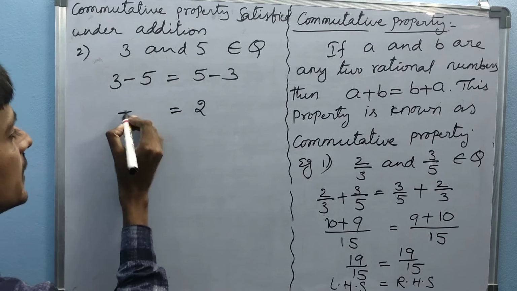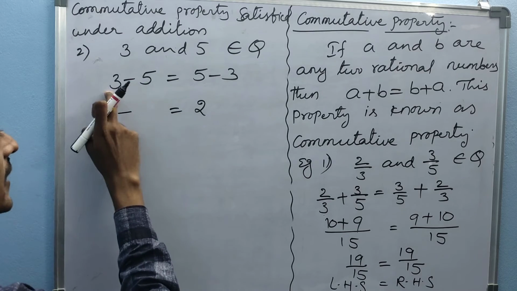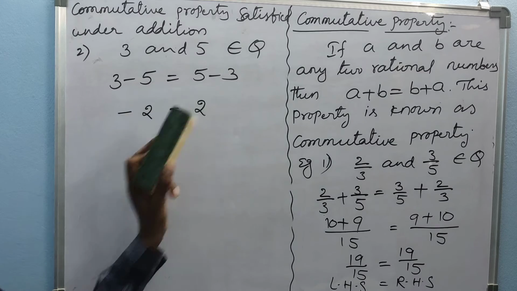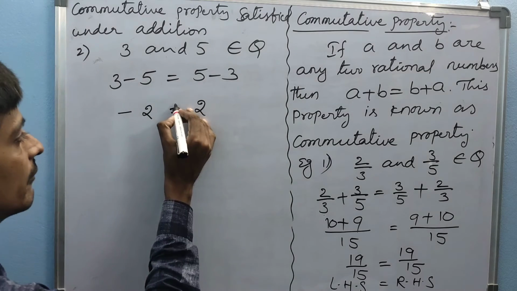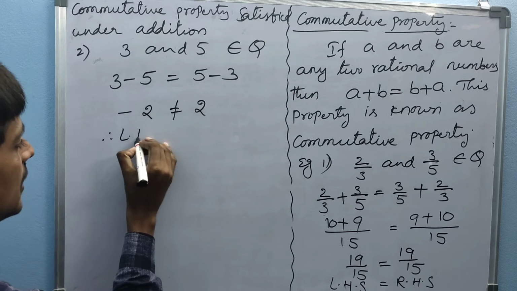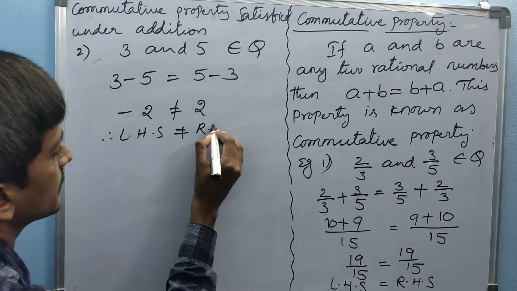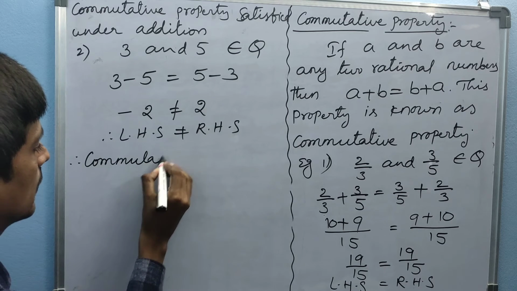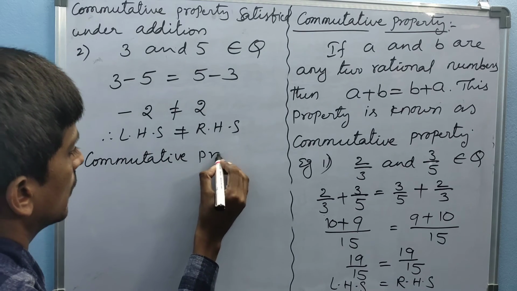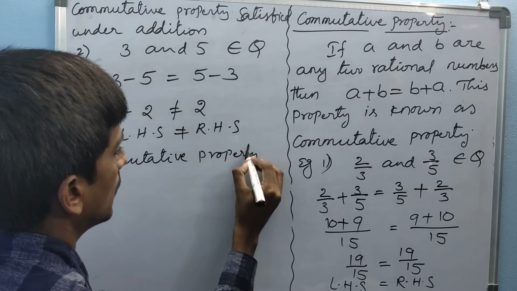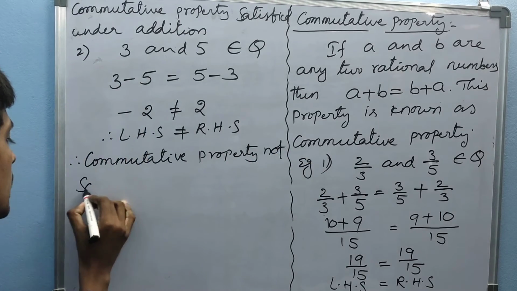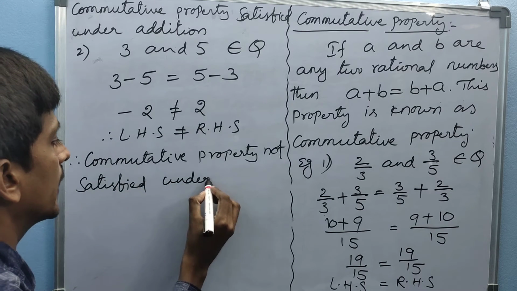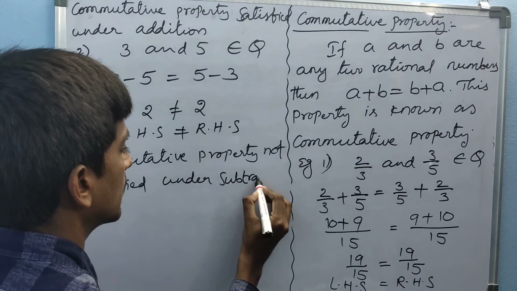Yes, you get minus 2. So LHS is minus 2 and RHS is plus 2. Both are not equal. Therefore, LHS not equal to RHS. Therefore, commutative property is not satisfied under subtraction.